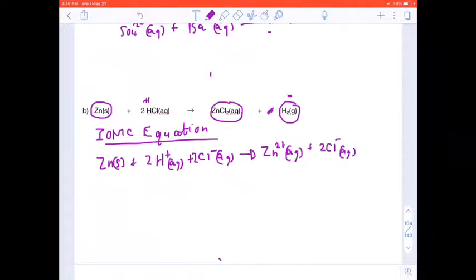Be careful there again, right? Because the 2 plus and 2 minus make that whole thing neutral, plus H2 gas.